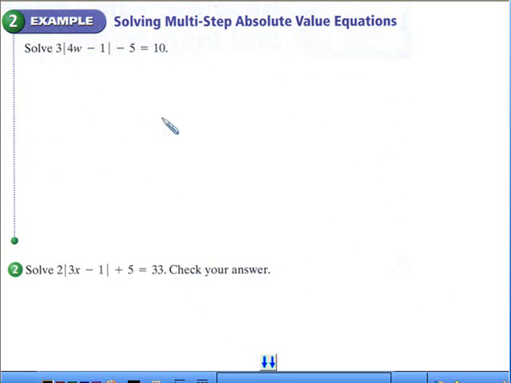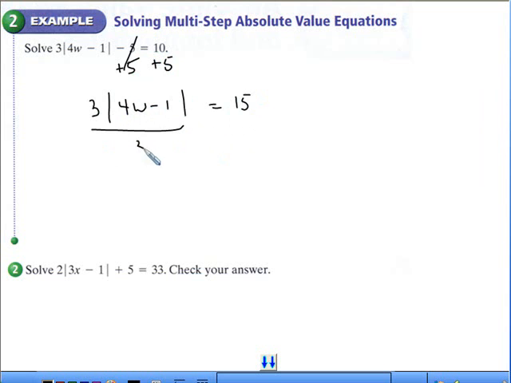If you have a multi-step absolute value problem like this, you notice you can't split this up into two separate problems until the absolute value part is by itself. So you always have to make sure this is by itself first before you split it up. Let's get this by itself first. We're going to add 5 on both sides. 3 absolute value 4w minus 1 is equal to 15.